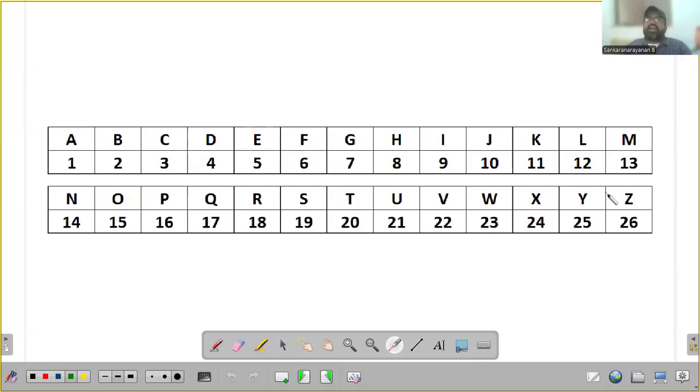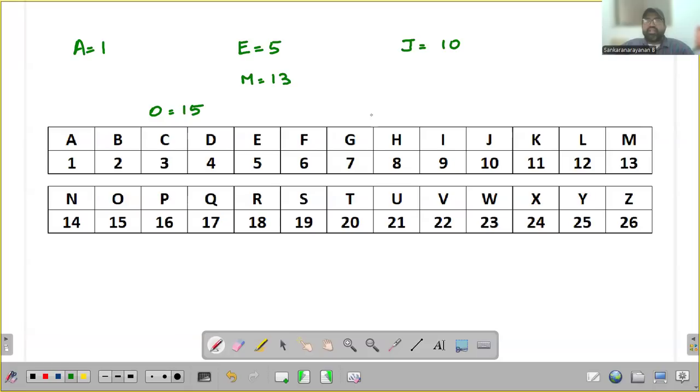So to the extent possible, you must be in a position to retrieve the corresponding number when you see a particular letter. Okay. And for that, I recommend you may learn A equal to 1, E equal to 5. You can remember J equal to 10. Consider M equal to 13. O equal to 15.